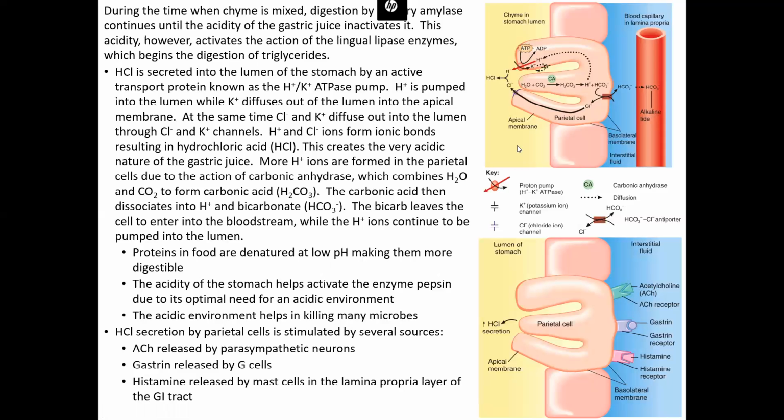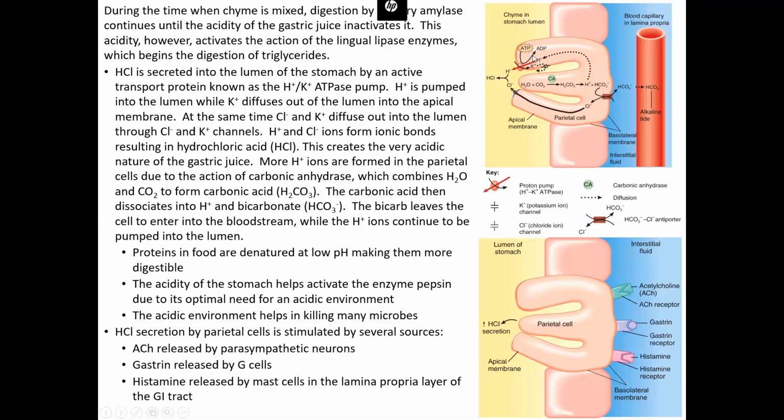While doing that, potassium is able to come into the parietal cell, so it's kind of an exchange situation taking place. At the same time, chloride is being pushed out of the parietal cell through a different channel. And then the hydrogen ions and the chloride ions in the lumen can unite, forming hydrochloric acid.